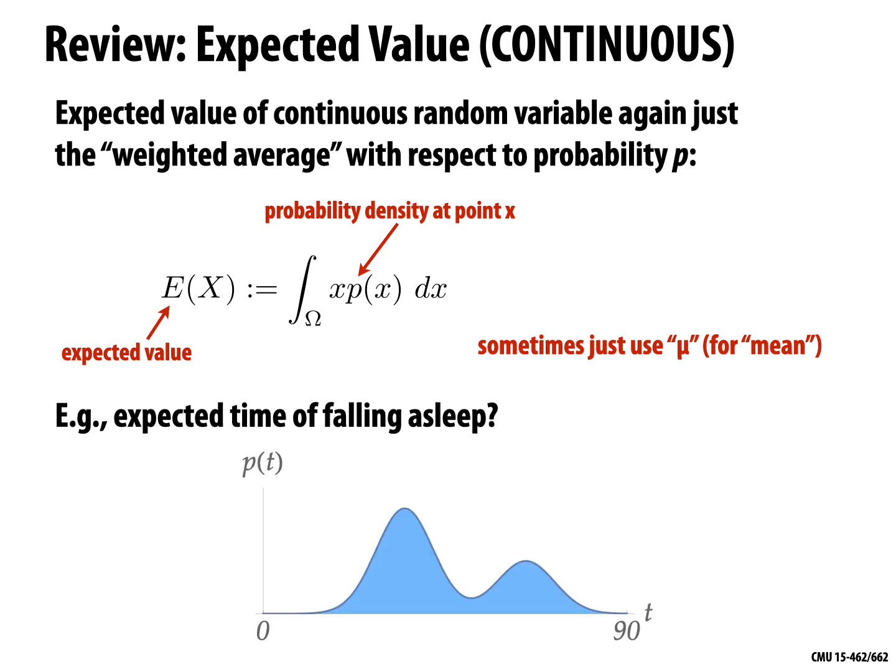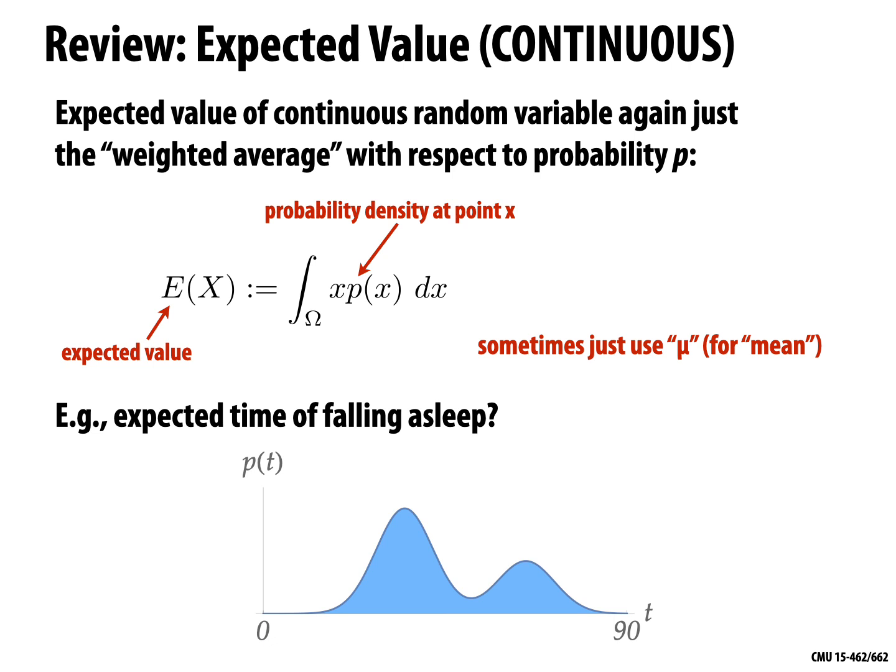So what about this example for this probability distribution? If you look at this picture, and I said, what time do you expect somebody would fall asleep in this class? What might you say? I think it's actually pretty natural to say, oh, well, probably you fall asleep at the top of that first peak, right?